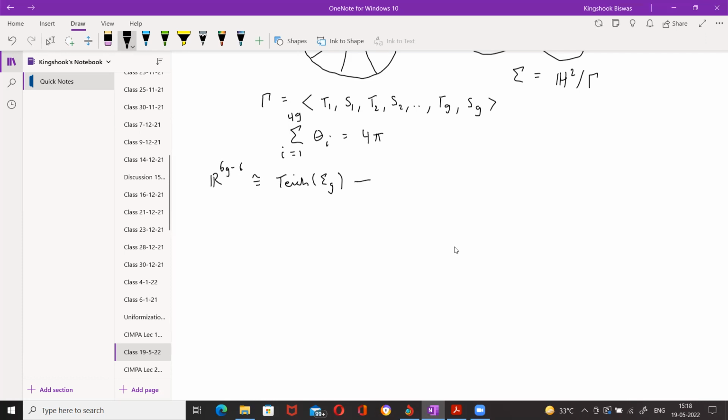And this quotients to the moduli space of sigma G, which is the quotient of Teichmuller space by a countable discrete group, the mapping class group of sigma G. I won't talk about this more. This is the content of a whole course, if you like. So let's try and sketch the proof of Mostow rigidity.